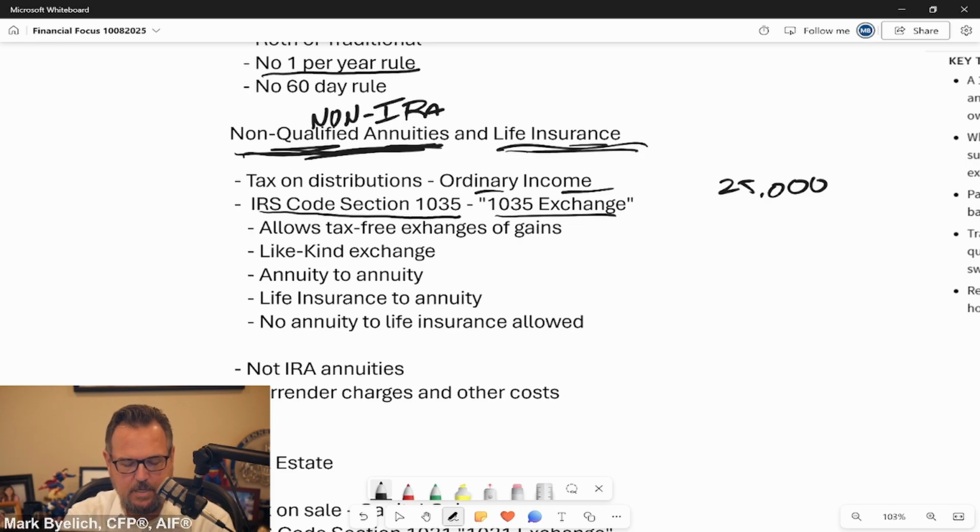It must be a like-kind exchange, which means you can't take an annuity and exchange it into a stock account and protect the gains. It has to be annuity to annuity or life insurance to annuity. It can never be annuity to life insurance. And it can also be life insurance to life insurance.